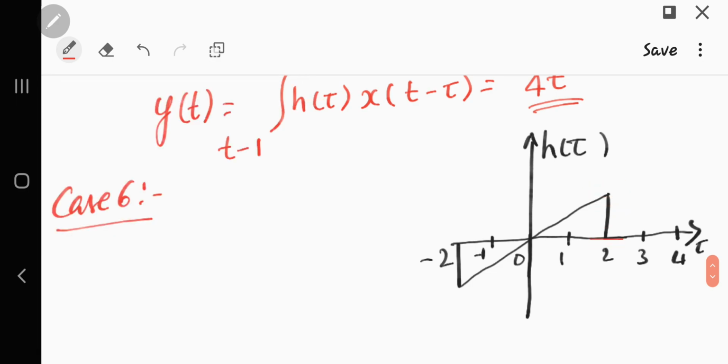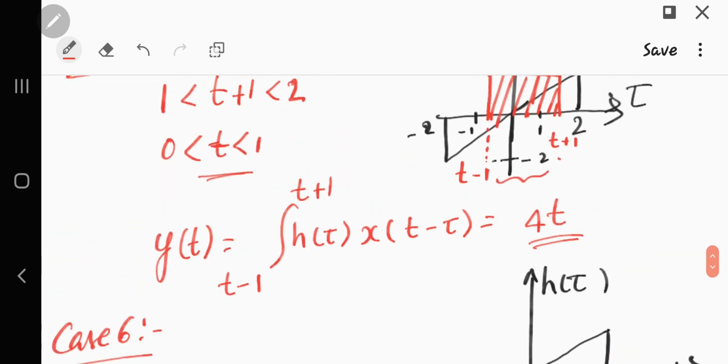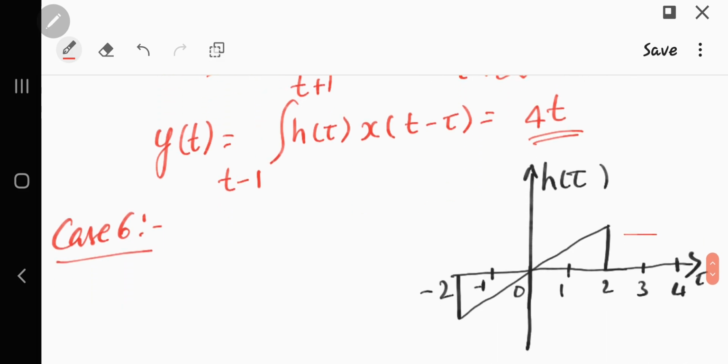So next, in the previous case, I had placed t plus 1 here. Now I will place t plus 1 here, this part. Here is one division, and here is the second division of the signal. Both will have the same amplitude 2 here.